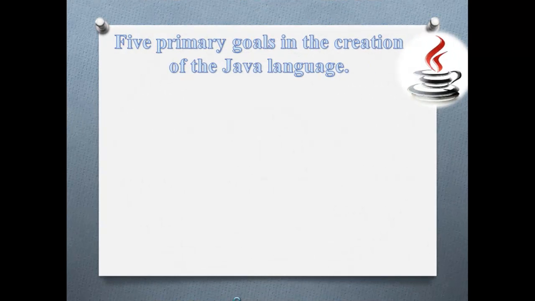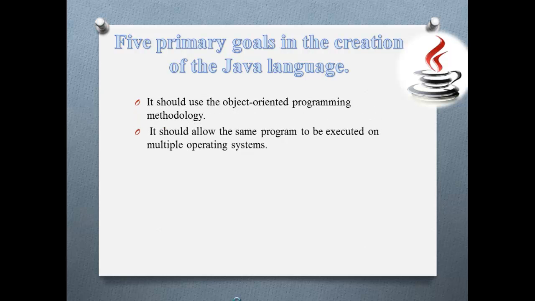Five primary goals in the creation of the Java language. It should use the object-oriented programming methodology. It should allow the same program to be executed on multiple operating systems.